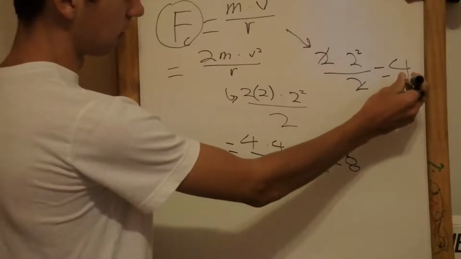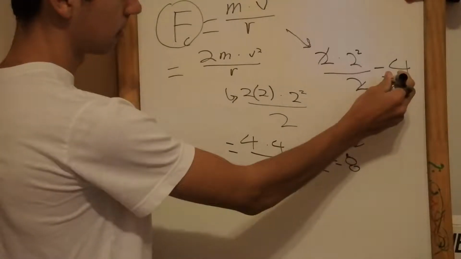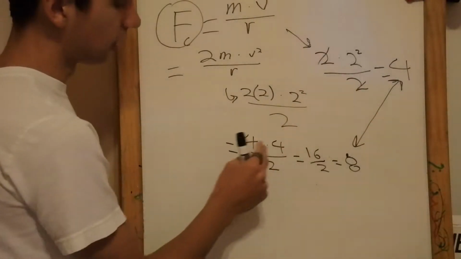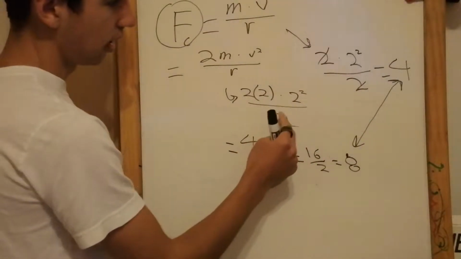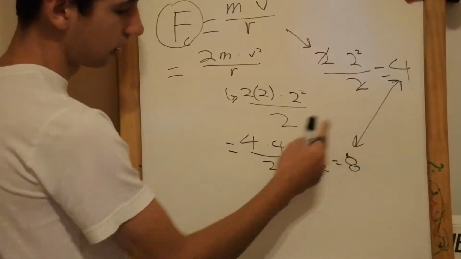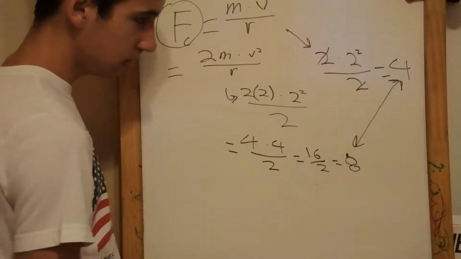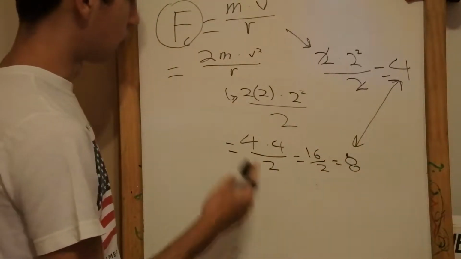So now we have to compare these two numbers here. How are they similar? Well, we doubled the mass, and when we had a regular mass, it was 4. When we had a double mass, it was 8. So our number here doubled, and that is the centripetal force.